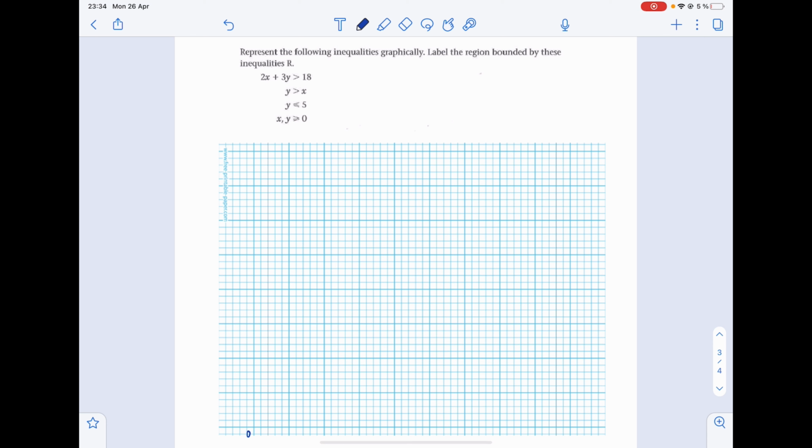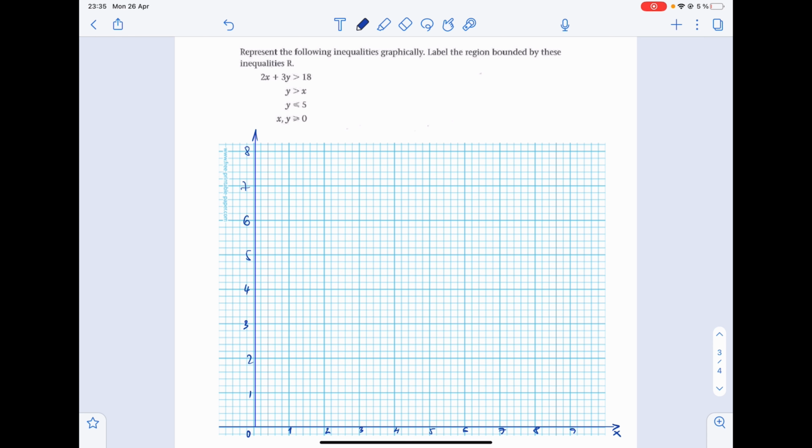So I'll put the origin here, and then this will be my x-axis and this will be my y-axis, and then I'll choose 1 unit to be 5 little squares. So this will be 1, 2, 3, 4, 5, 6, 7, 8, and 9. And 1, 2, 3, 4, 5, 6, 7, 8.